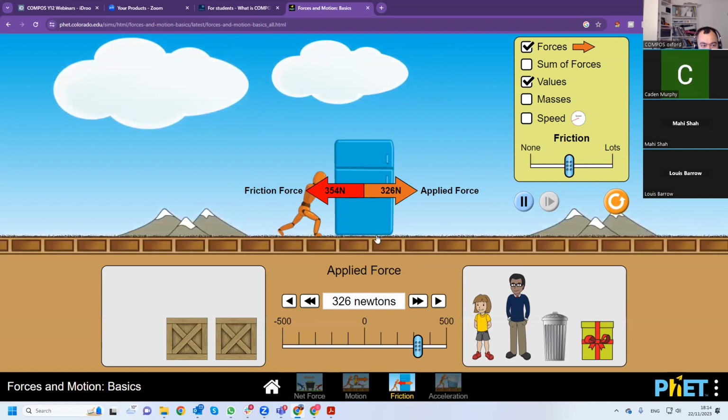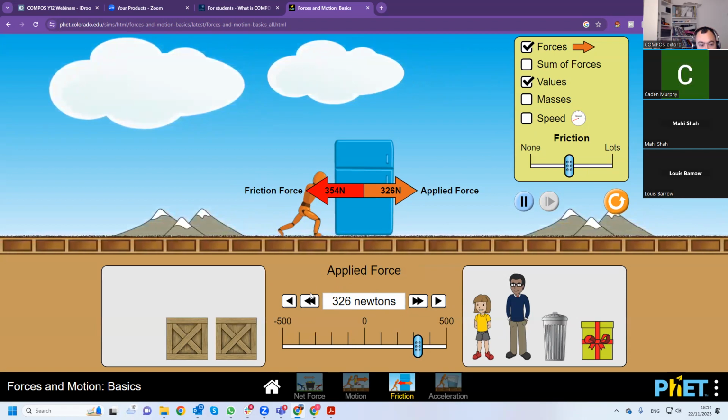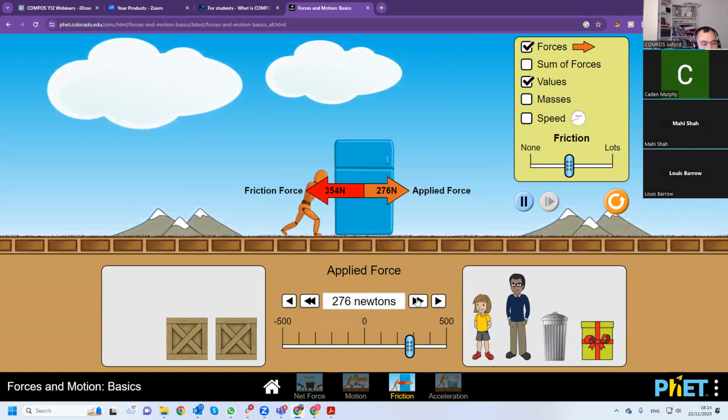You have two different friction forces when it's sliding and when it's not sliding, and these are different. Okay, so 370, 426, 456, 457, 458, and so on up to 473. Okay.